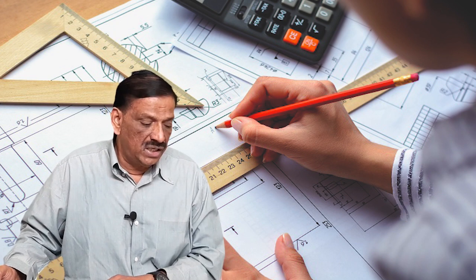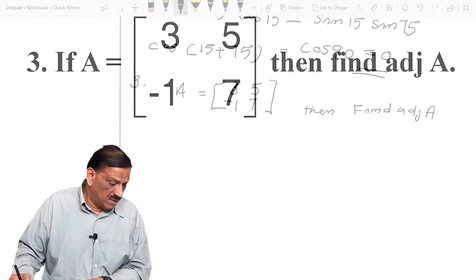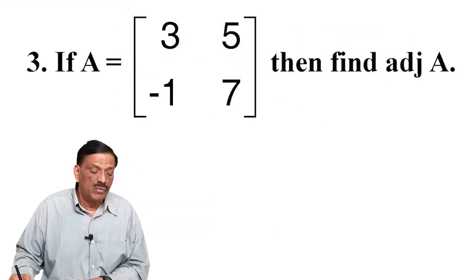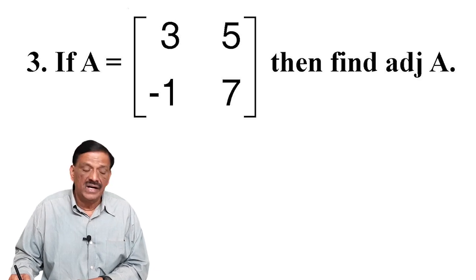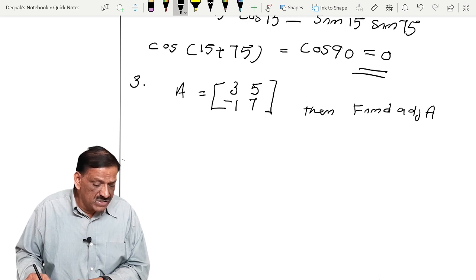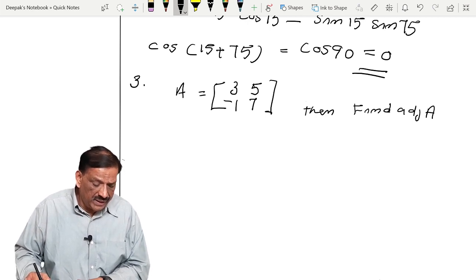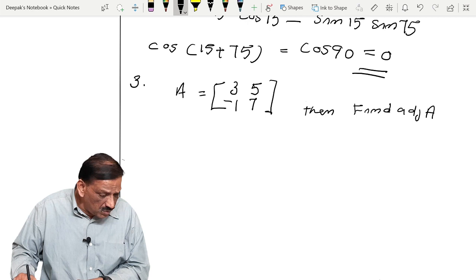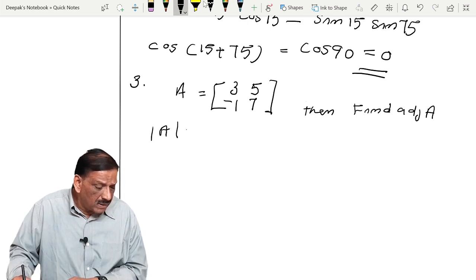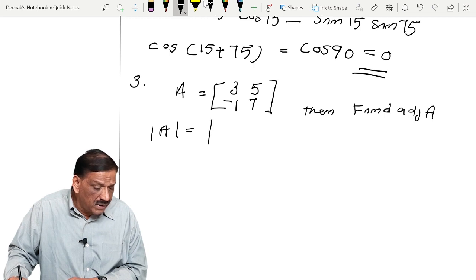Next question is, A is equal to matrix 3, 5, minus 1, 7. Then find adjoint A. A equal 3, 5, minus 1, 7.